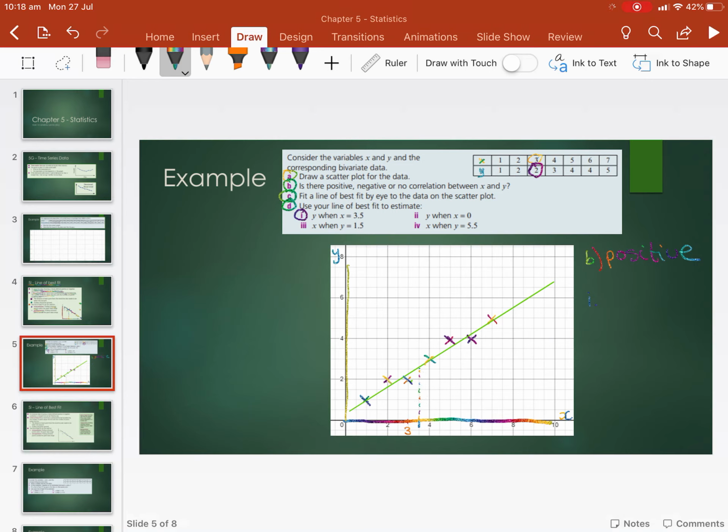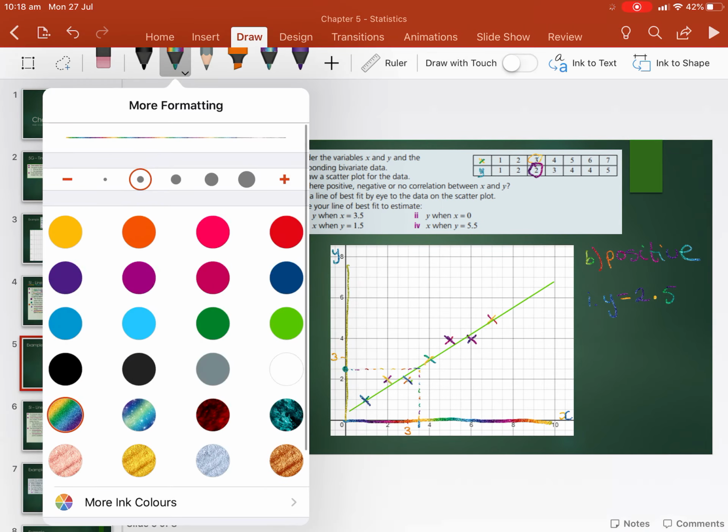And what does y equal here? So we need to go over to our y line to there. What's the number here? That's 3. So it's between 2 and 3, so it's going to be 2.5. So y equals 2.5. That's actually hard to see, isn't it?